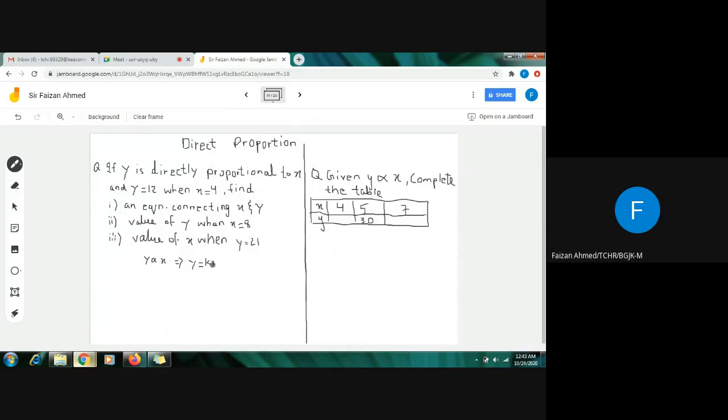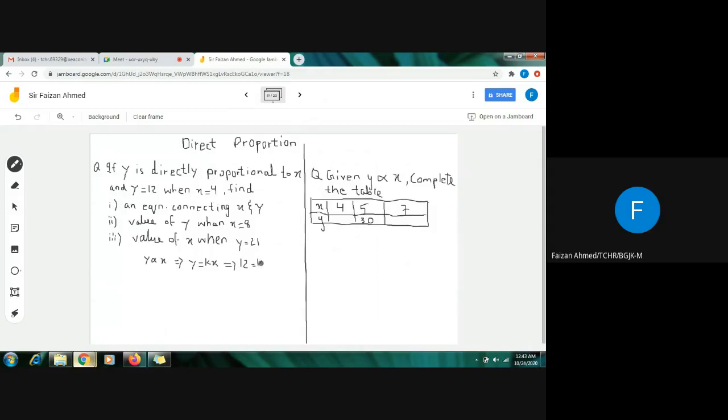And I can see that there are two values given of y and x just after this statement. These two values will be used to find the value of k so that my equation can be completed. So I will just put the values of y and x in this equation. I have y as 12, so I will put 12 in place of y and then an equals to sign, and I don't know the value of k.